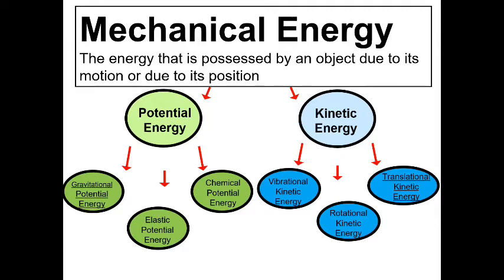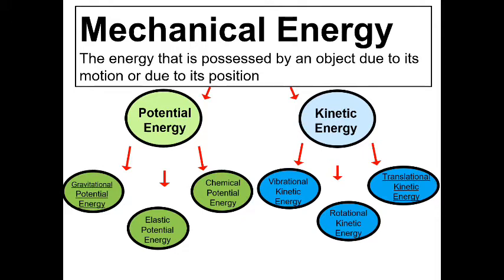Potential energy has many forms, like chemical potential energy, elastic potential energy, and gravitational potential energy, which we will discuss this week. On the other hand, kinetic energy has many forms, like vibrational, rotational, and translational.